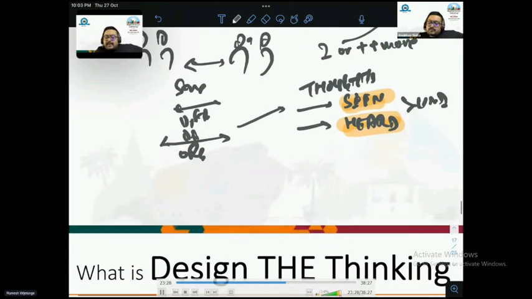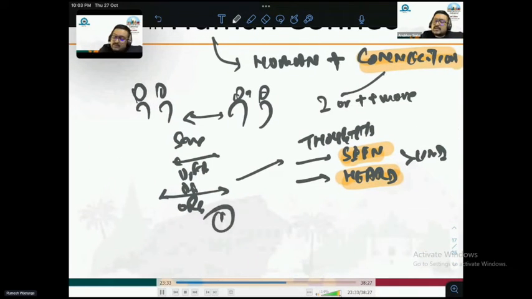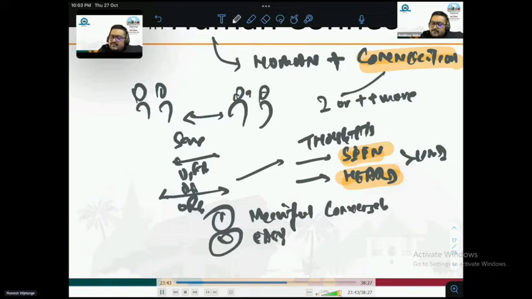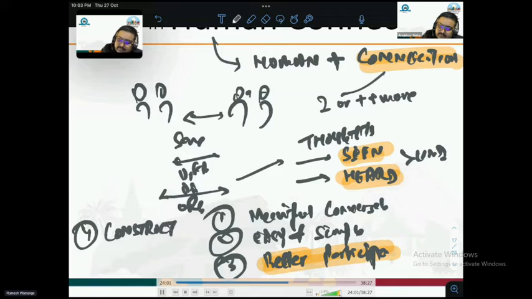And if I have to make it in a few pointers, this helps us to have a meaningful conversation, easy and simple. It helps us for better participation, one of the key areas. And the last is constructive discussions.